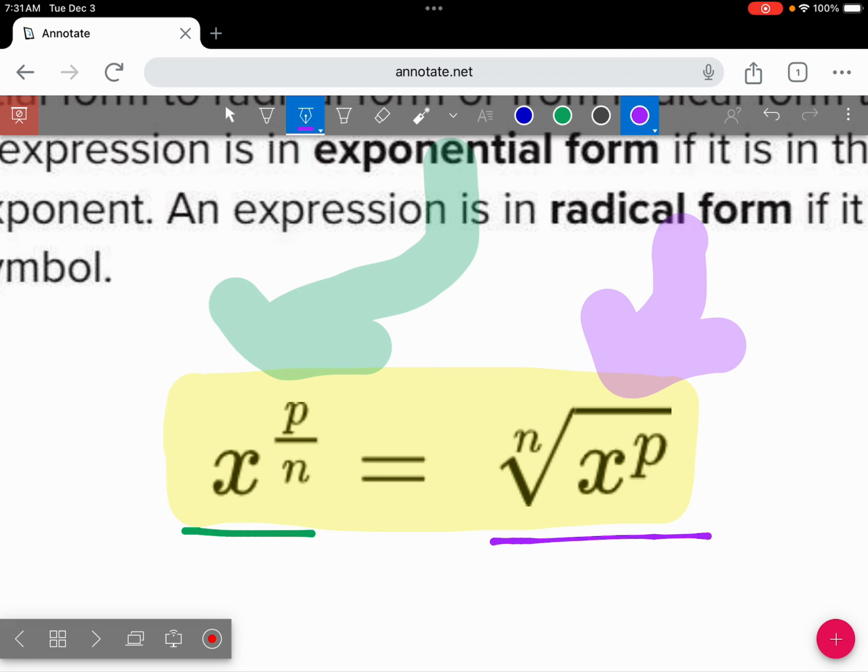I promise there are reasons why we do this. It makes the calculus stuff way easier if we can write it like that. Make sure we get that down, because this is one of those things that pops up fairly frequently moving forward.